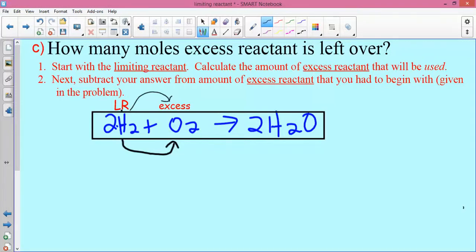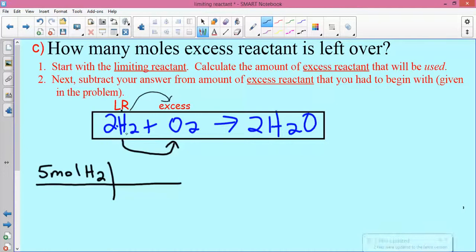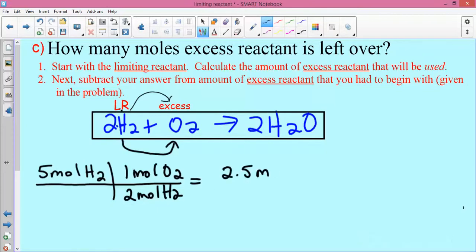So we were given that we had 5 moles of hydrogen, and we're starting with 5 moles of hydrogen because that was our limiting reactant. We're going to go to our excess, which was oxygen. It's 1 mole of oxygen for 2 moles of hydrogen. So 1 mole of O2 to 2 moles of H2. That gives us that 2.5 moles of O2 were used. When we used all 5 moles of hydrogen, we used 2.5 moles of O2.